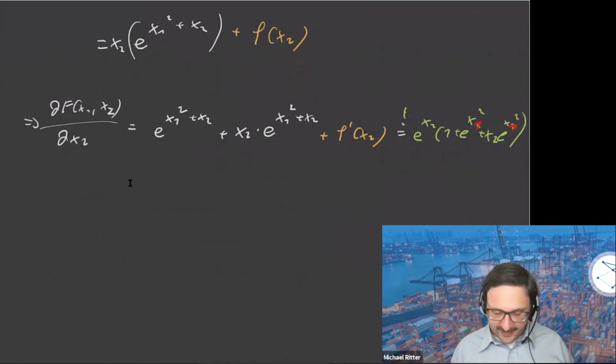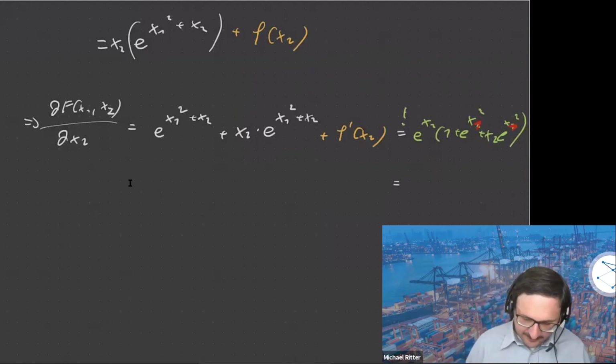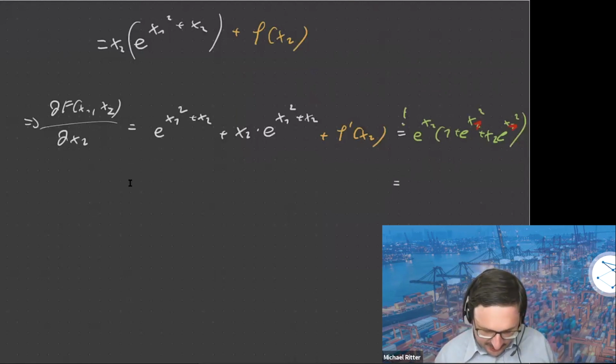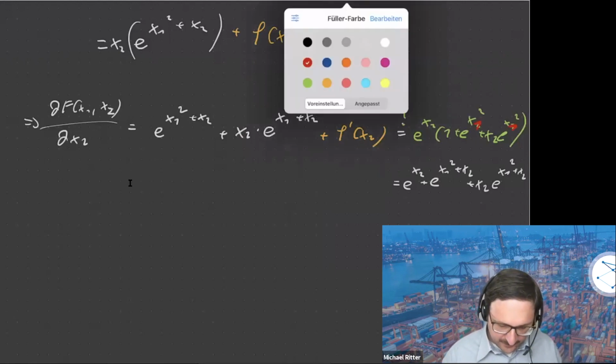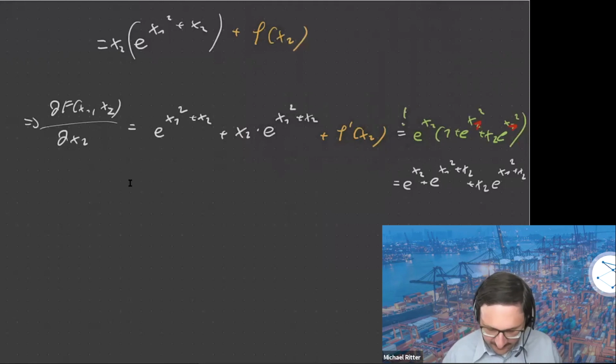Okay, now let's compare that. This here is the same as e to the x2 plus e to the x1 squared plus x2 plus x2 e to the x1 squared plus x2. And if you compare those, you can hopefully see that here we have this e to the x1 squared plus x2, same as here.